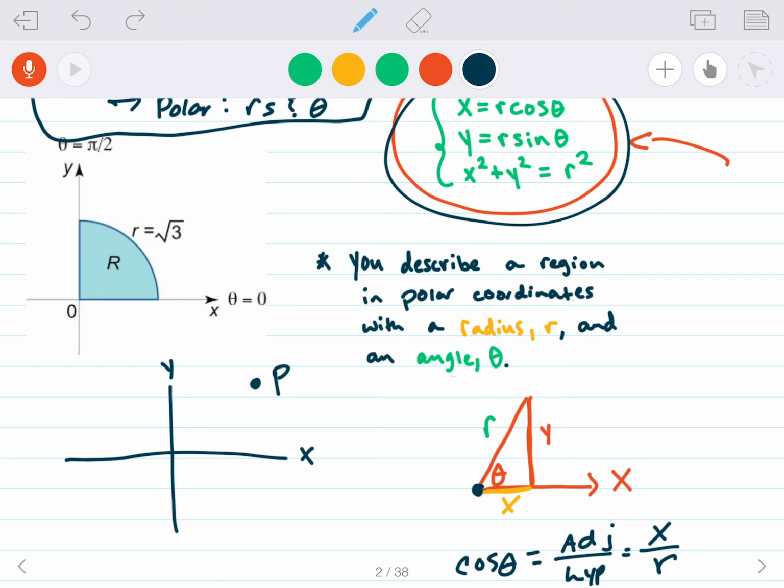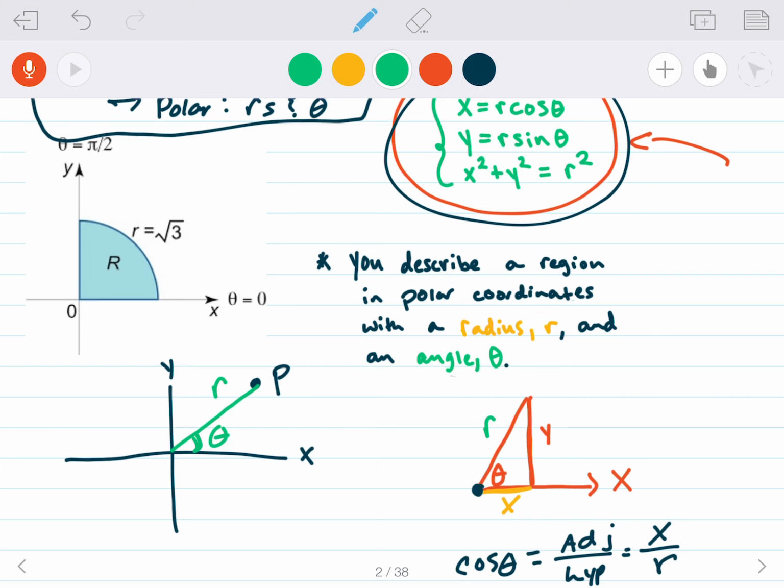But I can also describe that in the sense of I can say, okay, well, that point is going to be some radius away from the origin, and it's also going to make some angle, right? It's going to be at some angle with the x-axis. So that's the idea. So instead of saying, okay, go right, so many units, go up so many units, this time we're saying go out from the origin, r units, right?